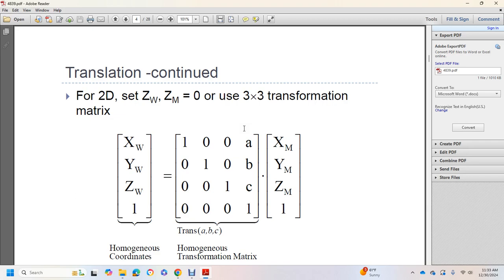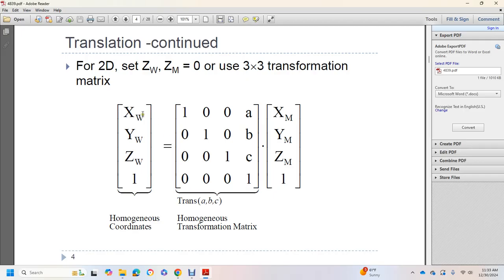So on the left we have a homogeneous matrix, and those are your X, Y, and Z coordinates, and they're equal to 1. You have your translation A, B, and C in the homogeneous transformation matrix. On the right, you have X, Y, and Z model, and they're also equal to 1 in the fourth row.